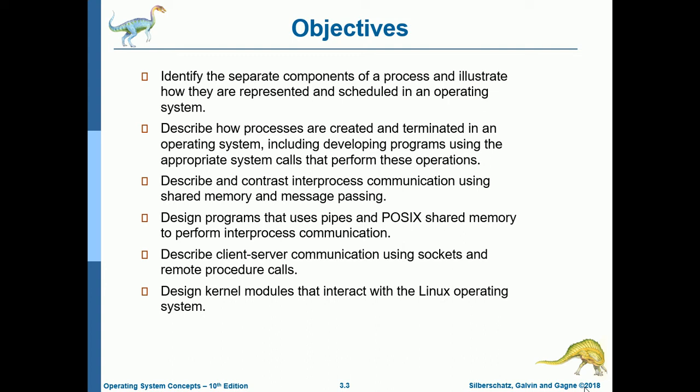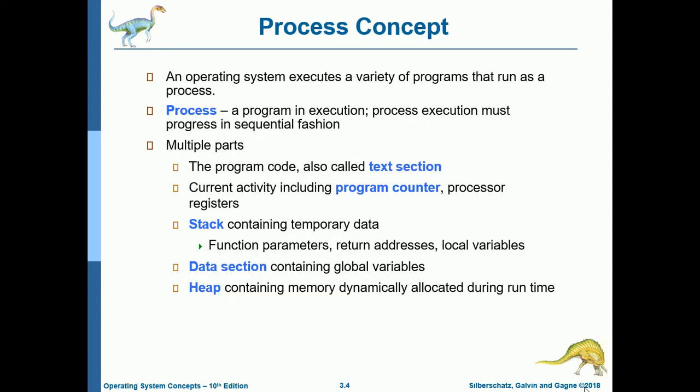Describe and contrast interprocess communication or IPC using shared memory and message passing. Design programs that use pipes and POSIX shared memory to perform interprocess communication. Describe client-server communication using sockets and remote procedure calls or RPC, and design kernel modules that interact with the Linux operating system.